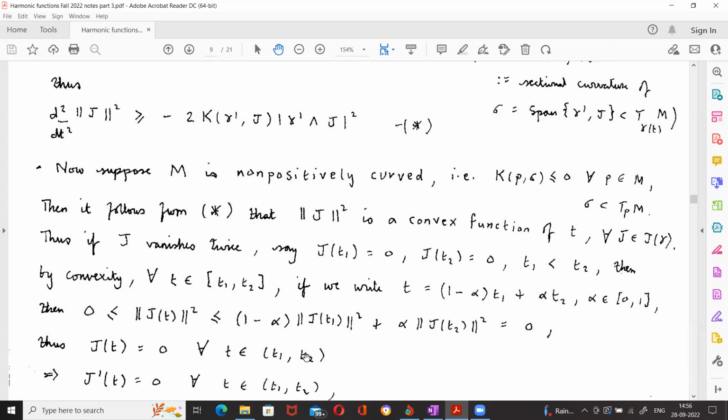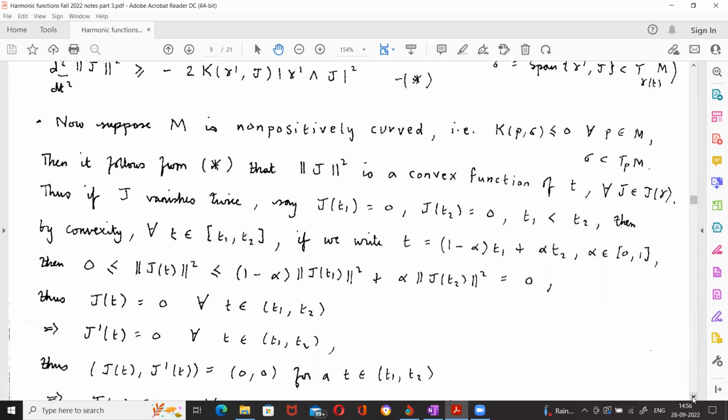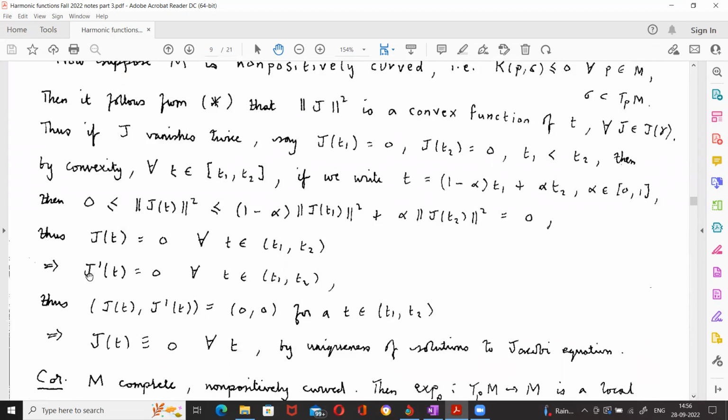Okay, so if a Jacobi field in non-positive curvature vanishes twice, then it vanishes everywhere in the interval in between. But if it's 0 in this interval, then J prime(t) is also 0 in this interval, right? But then that means in this interval, the pair J(t), J prime(t) is 0 for all t in this interval.